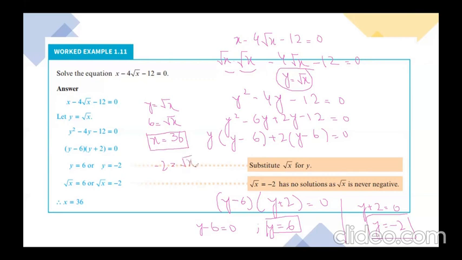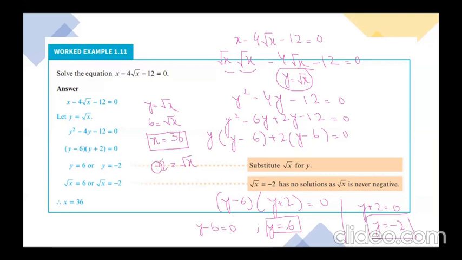Okay, so in this case, this is imaginary, since under root of a negative number must be an imaginary number. So we conclude that under root x equals minus 2 has no solution, and under root x is never negative in the real case.